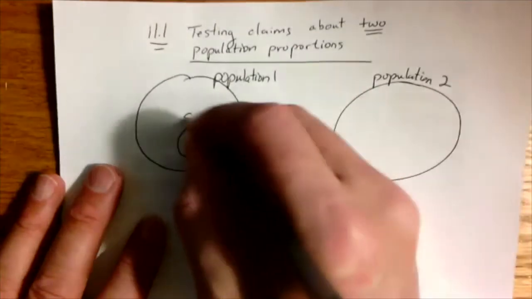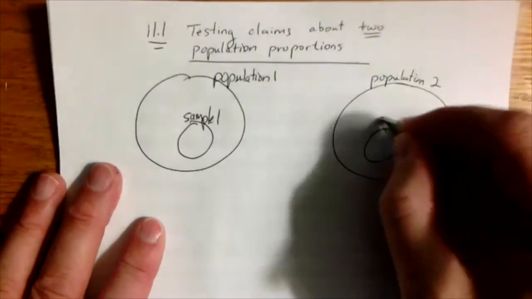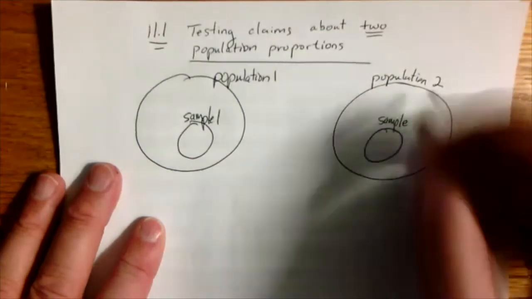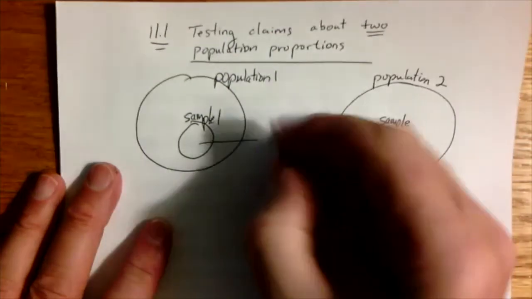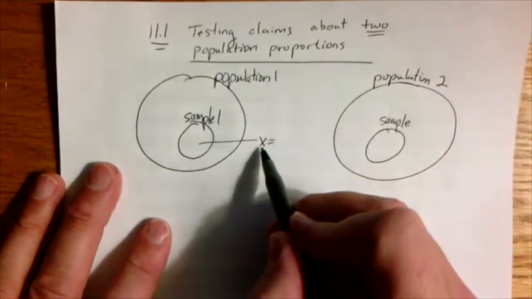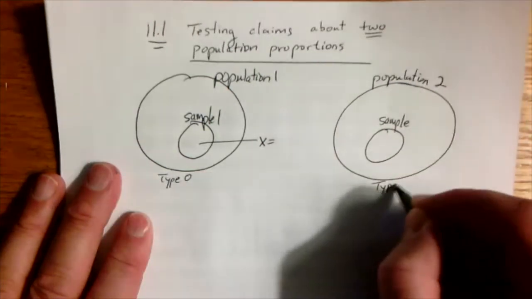Then we're going to take a sample from the first group, and then a sample from the second group. So this is about proportions. From this sample, let's just say this is type O blood, and this is type A, just to give you an example.